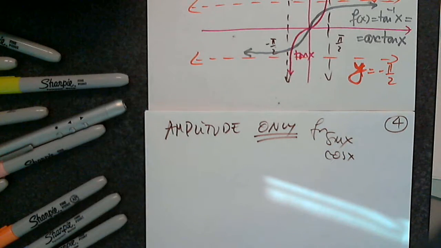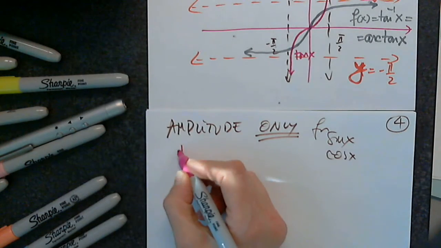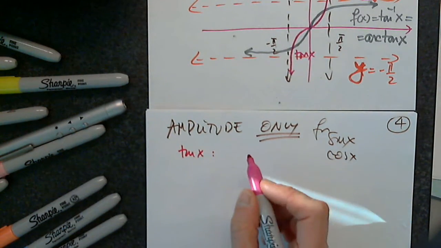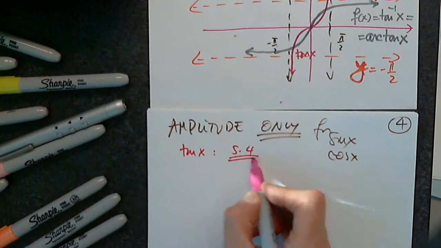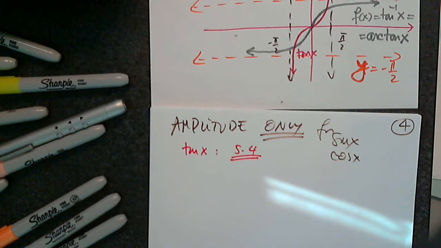So not secant or cosecant either. No other function has amplitude, just sine and cosine. I want to draw your attention to the fact that the function tangent is in section 5.4.